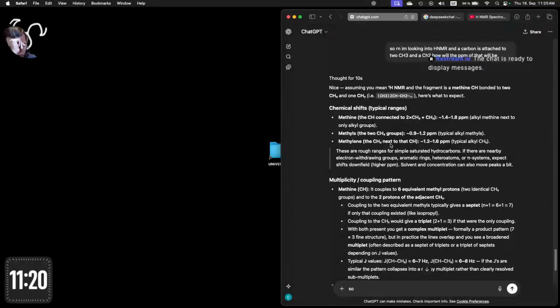Two H, 1.3 ppm. CH2 attached to CH3 and tertiary carbon. Secondary, tertiary carbon.